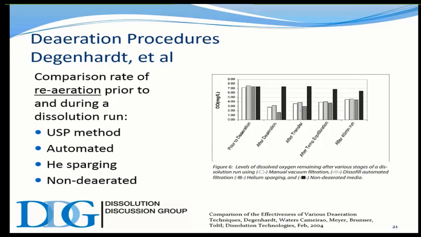What they pointed out was, in the second bars there, that after deaeration you've basically lowered your saturation level quite low, the amount of oxygen at or below 3 part per million. But after transfer, this will slightly rise, especially if you've had some type of sparging method. And we can see after temperature equilibrates, and even after about 45 minutes or so, a steady rise in that amount of gas.